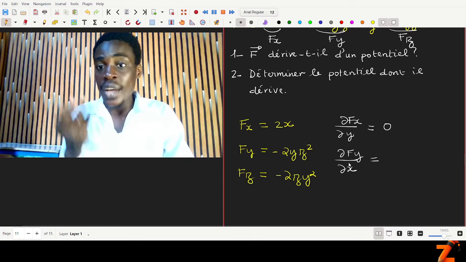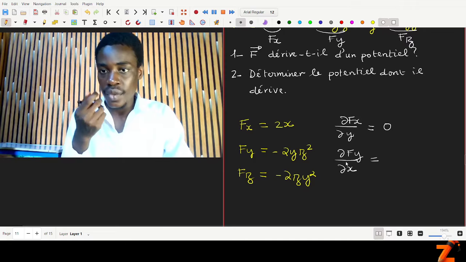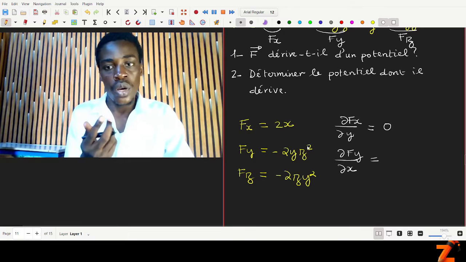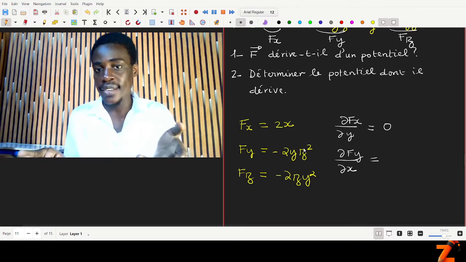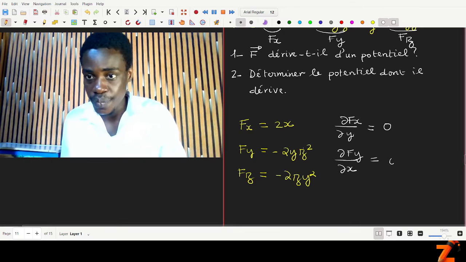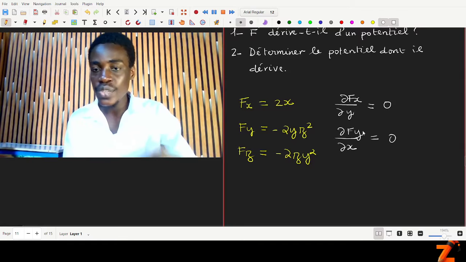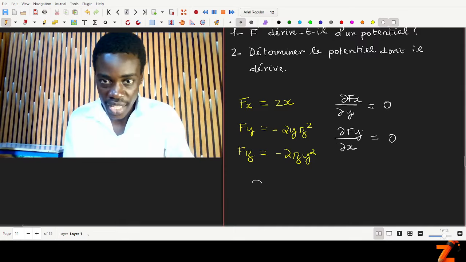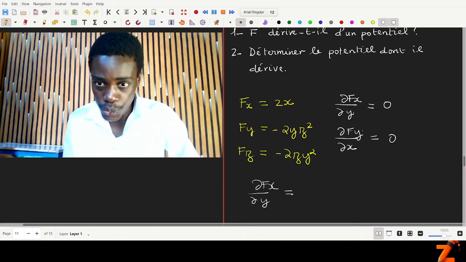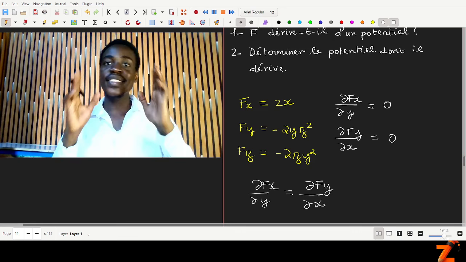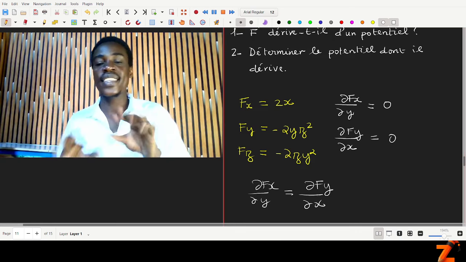So when I say that I derivate fy with respect to x, x is the variable, but here I don't have x, so the derivative is 0. Okay, so you notice that these two derivatives are equal. The derivative of fx with respect to y is equal to the derivative of fy with respect to x. Fantastic. If you comprehend it, it is okay.